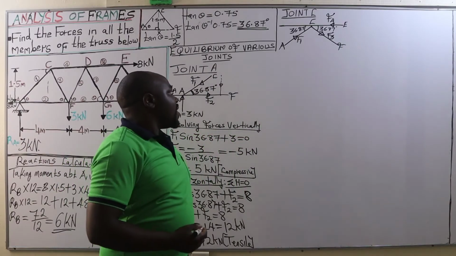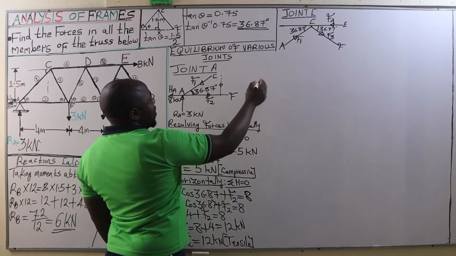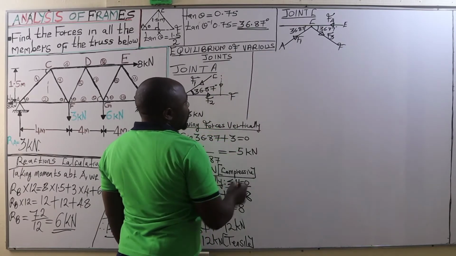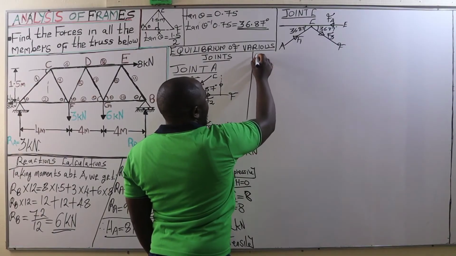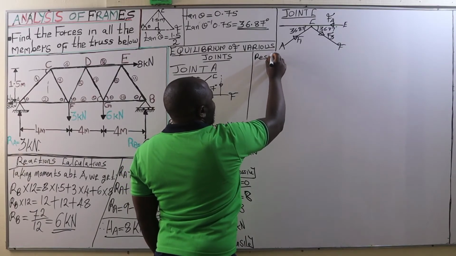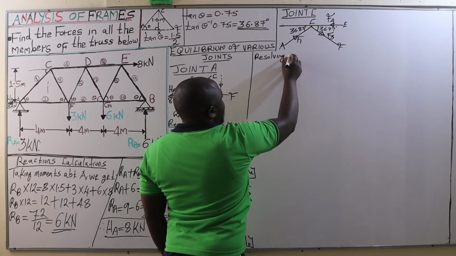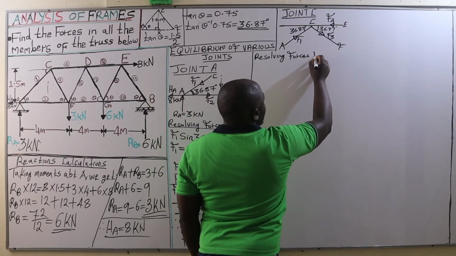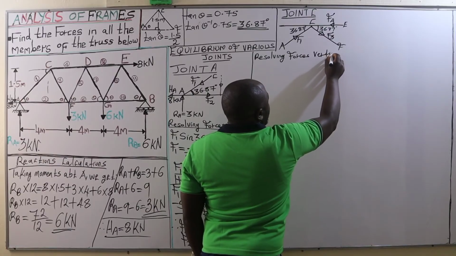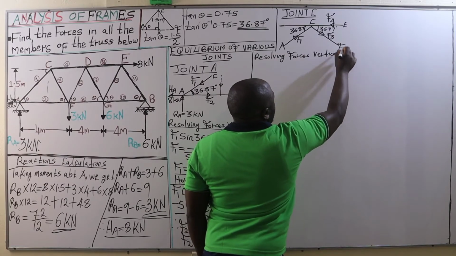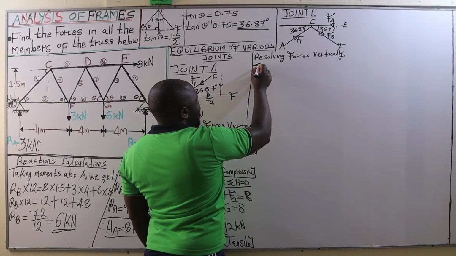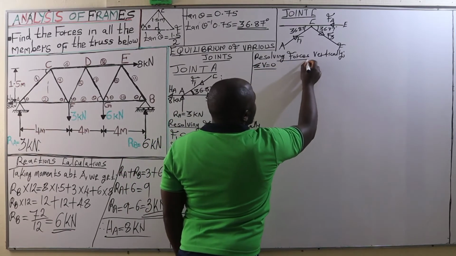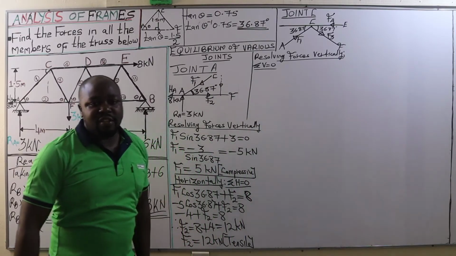Now, likewise, just as we have done with joint A, we are going to begin with resolving the forces vertically, and applying this principle of summation of all the vertical forces to be equal to 0.